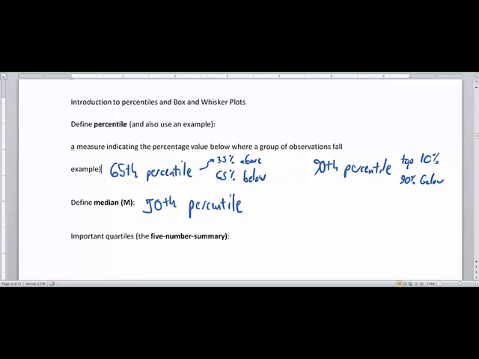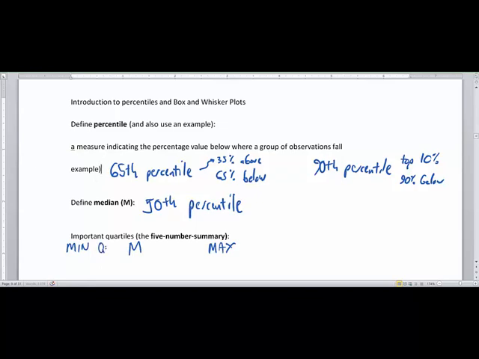So let's talk about important quartiles, because we sometimes want to get into more detail than just the median. What we have for the important quartiles is something called the 5-number summary. These 5 numbers, the minimum, the maximum, and the median, are 3 very important numbers out of the 5.